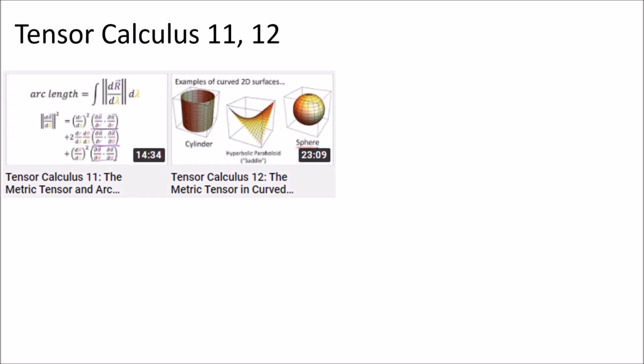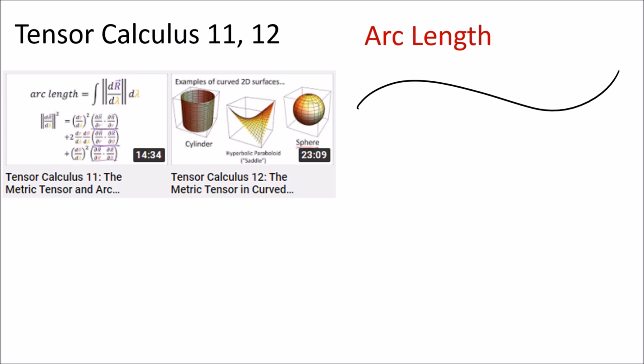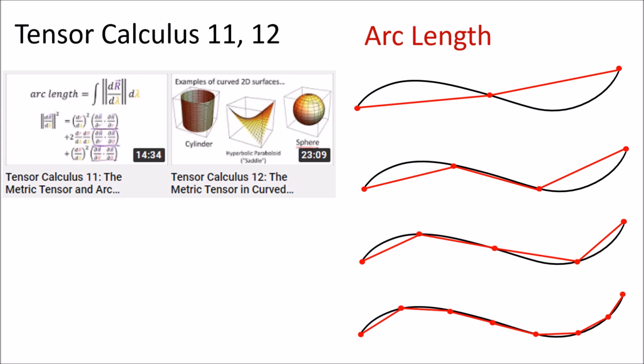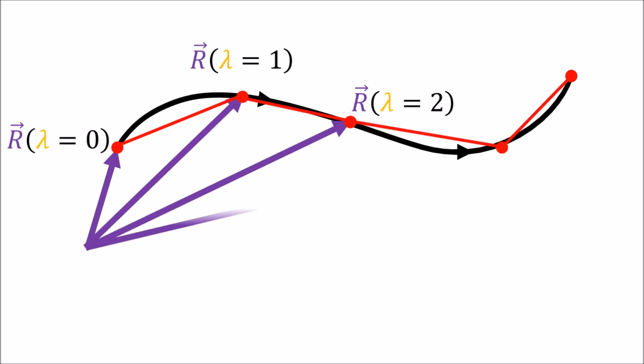In my tensor calculus videos 11 and 12, I show how to get the physical length of a curve in physical space by approximating the curve as a series of straight lines and adding up the lengths of these lines. Let's say that a curve is given by a position vector r that moves around in space based on a parameter lambda.